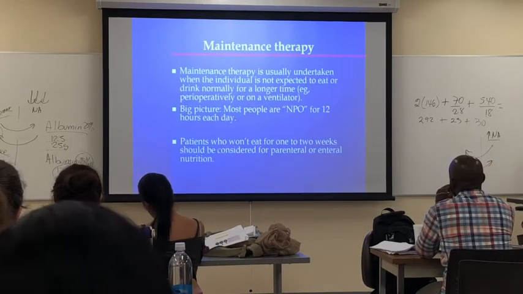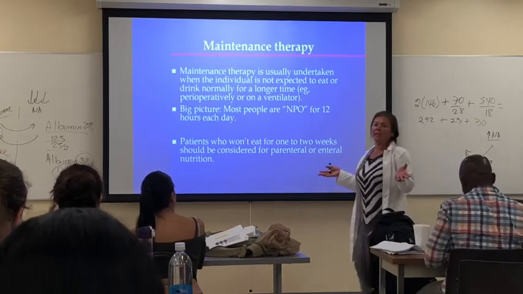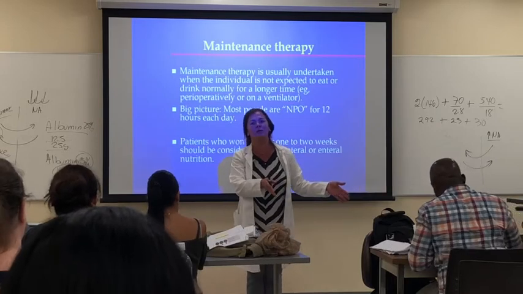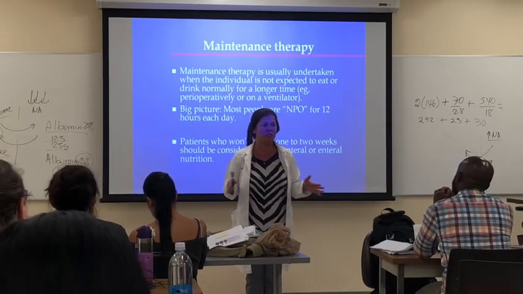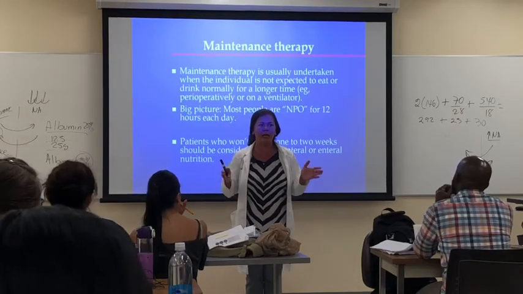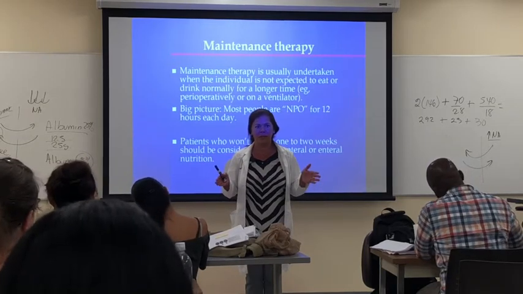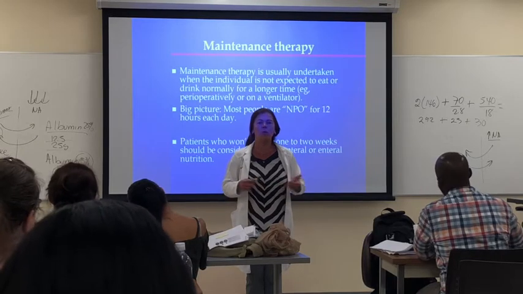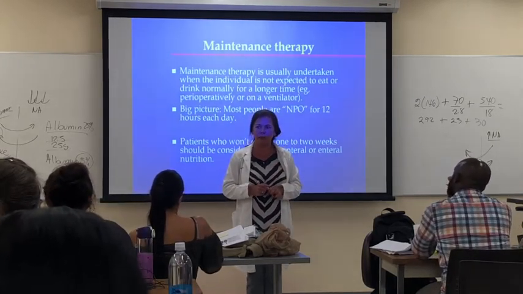Now, who do you give maintenance? Well, we have 2 ways of infusing volume to the patient. One, patients in shock. We already know that any patient that is hypotensive or hypovolemic, you give a bolus of 30 mLs per kilo. And then you start maintenance therapy. Right? And who really needs maintenance therapy, or up to what time do you continue maintenance therapy?